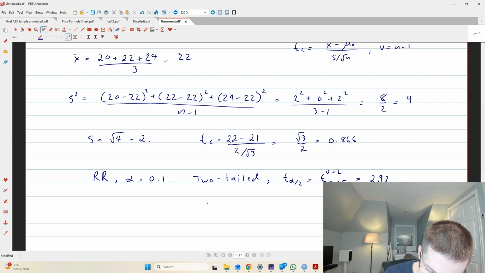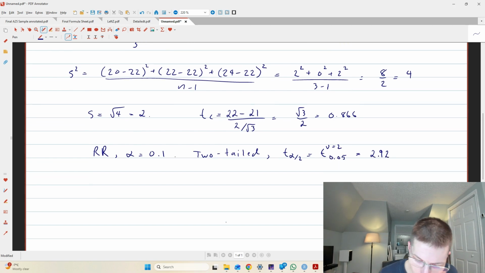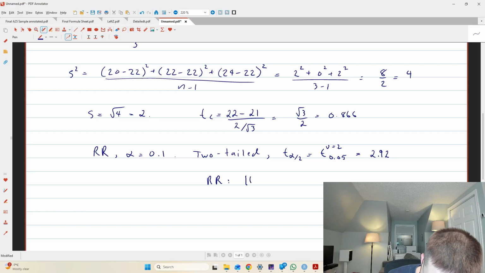And so the rejection region for two-tailed is going to be the absolute value of T bigger than T alpha over 2, i.e. any T whose absolute value is bigger than 2.92.